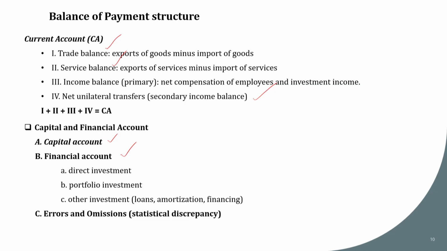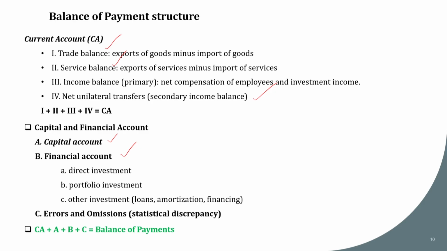FDI, that is foreign direct investment; the second one is portfolio investment; and the third one is other investments such as loans, amortization and financing. Then there are errors and omissions, which is called the statistical discrepancy. These are also part of the financial account.